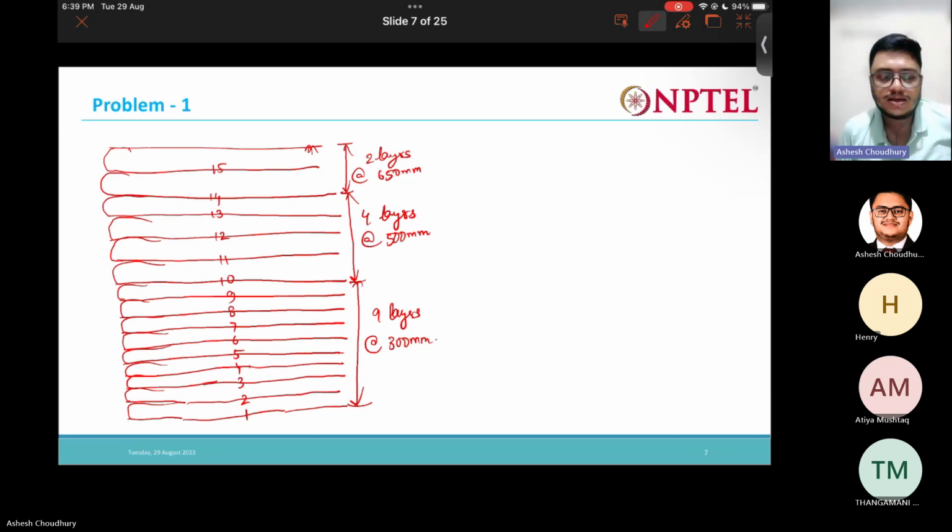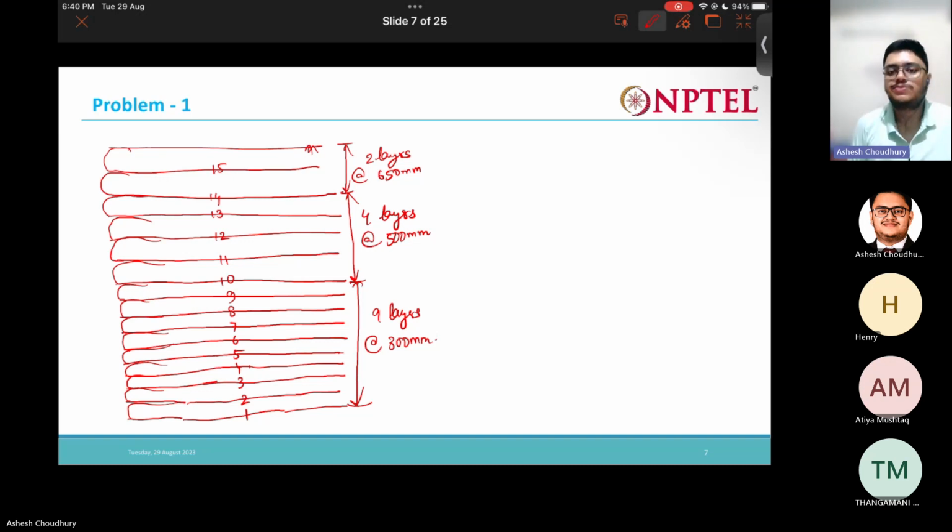It satisfies the internal stability requirements: the tensile rupture and the pull out. Till now, what we have done is that we have just satisfied the rupture criteria.